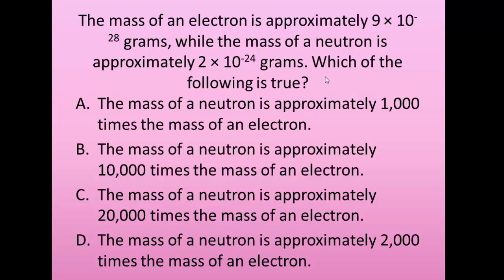Okay, the mass of an electron is approximately 9 times 10 to the negative 28th grams, while the mass of a neutron is approximately 2 times 10 to the negative 4th grams. Which of the following is true? So take a second, read through those, and see if you can find the answer there.